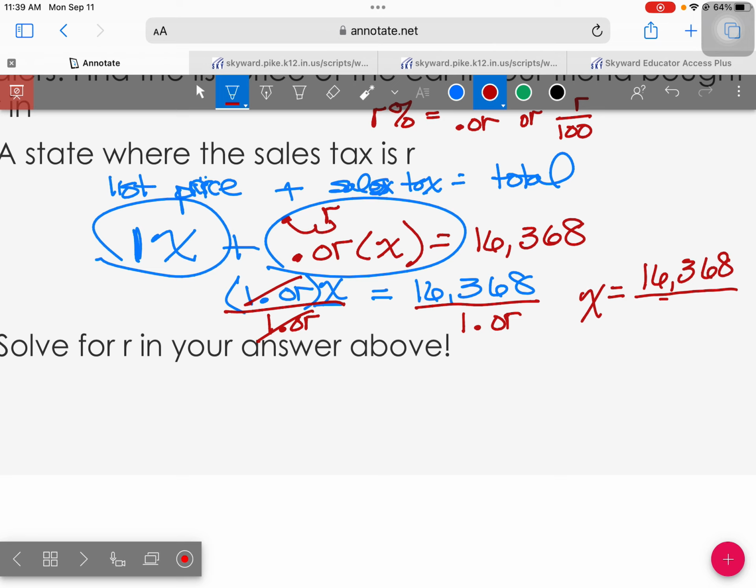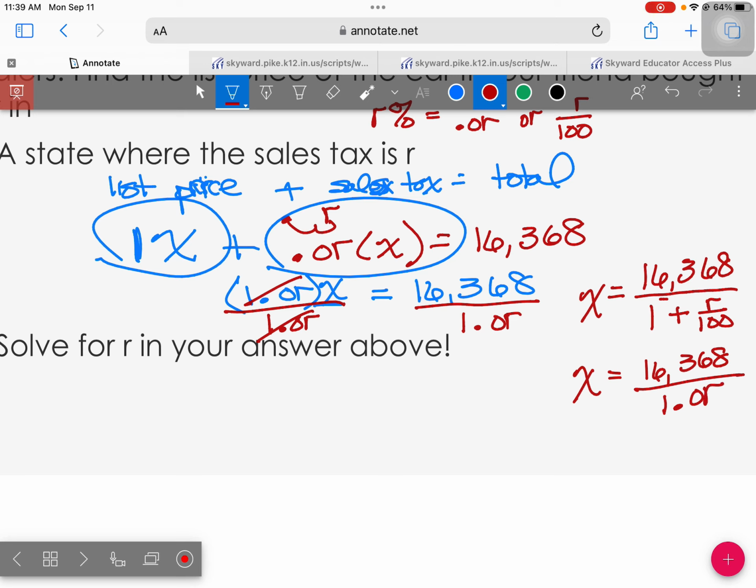You can do this as 1 plus r hundredths, which is probably the best way to do that. Or 16,368 divided by... I guess you probably could leave it as 1.1 plus 1.0r.